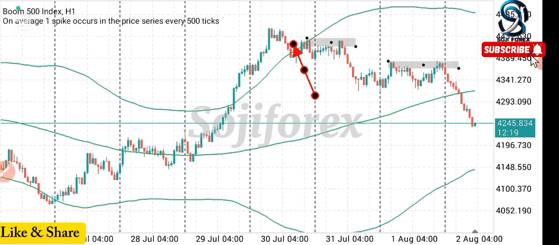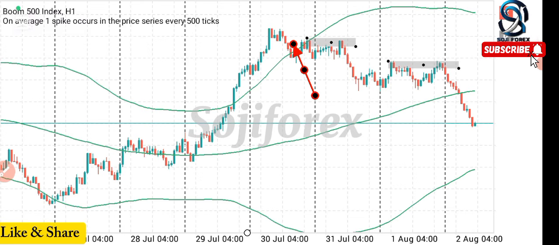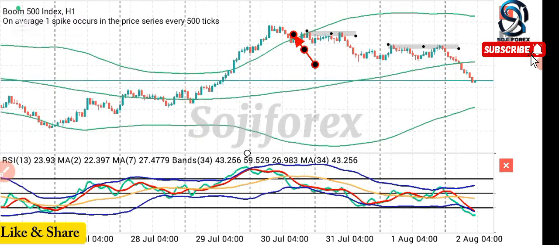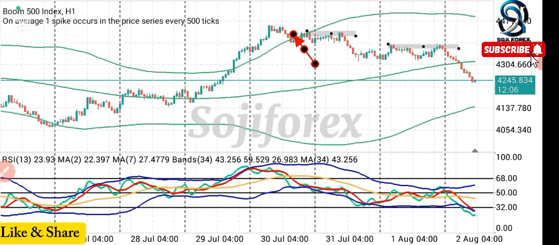Now you can use additional confirmations for your entry, like using divergence with the use of your TDI indicator. So you can actually use your divergence to confirm your entry as far as the TDI is concerned. We have done that before.